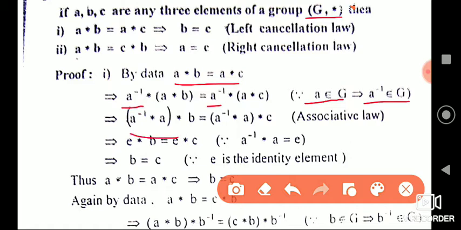So A inverse star A star B is equal to A inverse star A star C. Okay, what did we do here? We multiplied A inverse on both the sides, right? So just use associative law. Instead of having these two, just take these together.